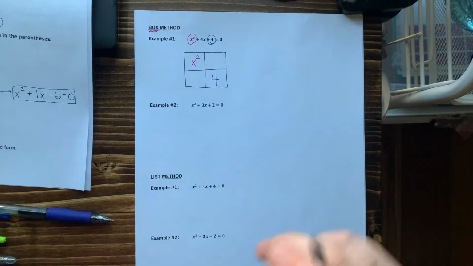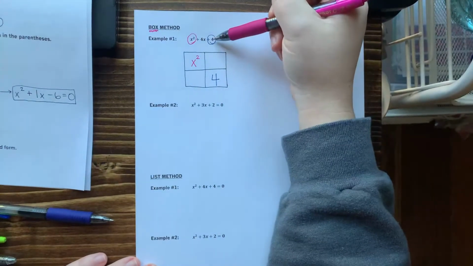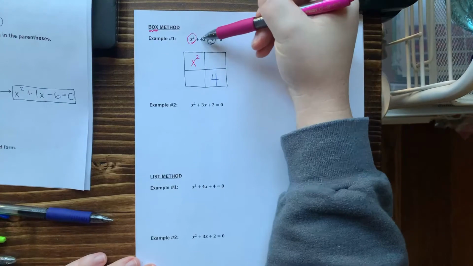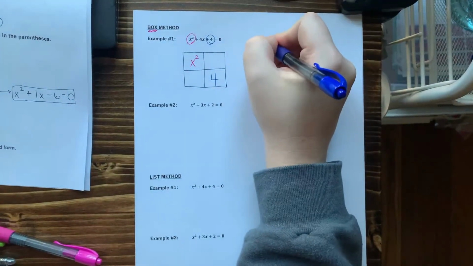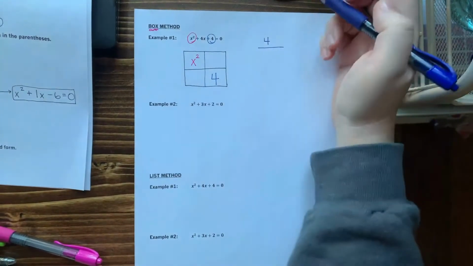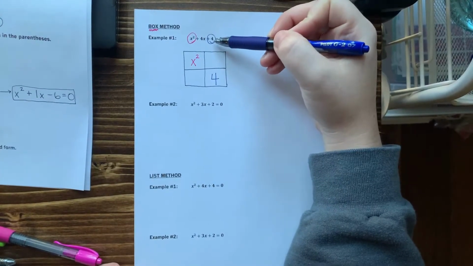Then we've got to figure out some numbers that multiply to get our last number, 4, and add together to get our middle number. So we can first make a list of numbers that multiply to get positive 4.